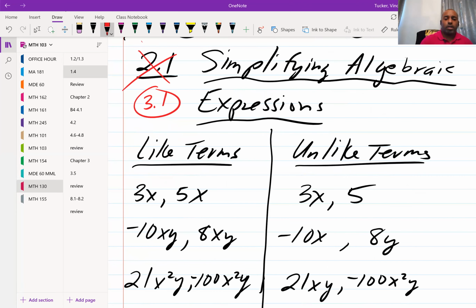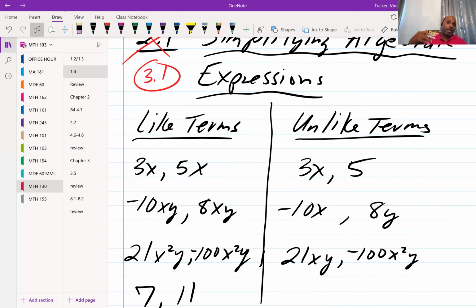First thing I want to make sure we're okay with is the idea of having like terms versus unlike terms. Like terms are terms that we can add and subtract from each other with no problems. They have to have the same variables, same amount of variables, same exponent on your variables. If anything's different, then they are considered unlike terms.